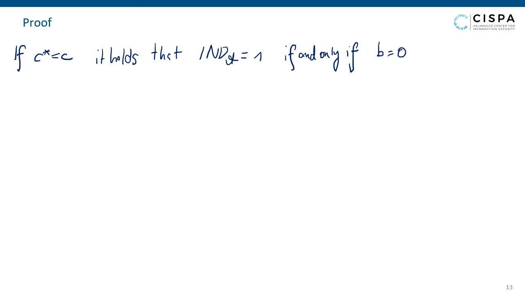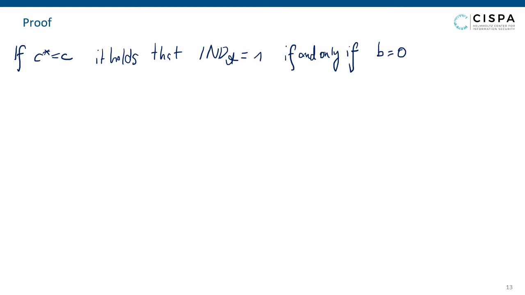Because if this event C star equals C happens, my adversary will always guess B prime equals 0. So he only wins, or the experiment only outputs 1, if also B equals 0.